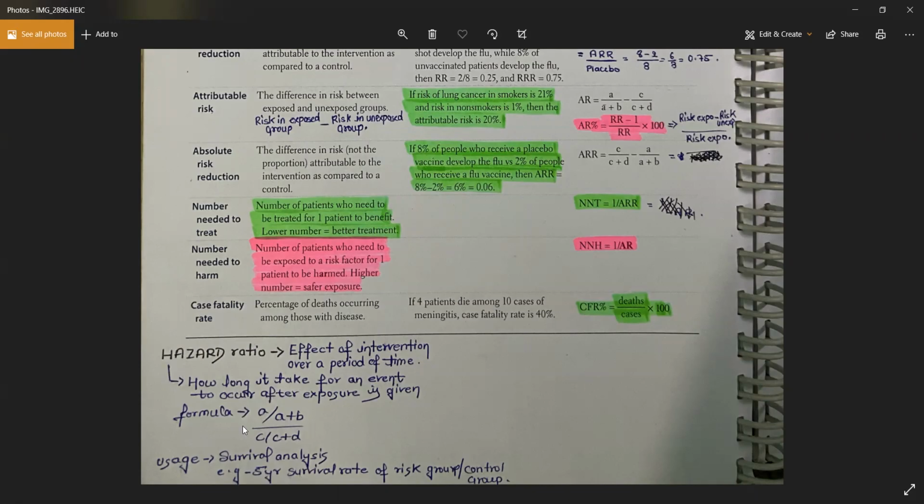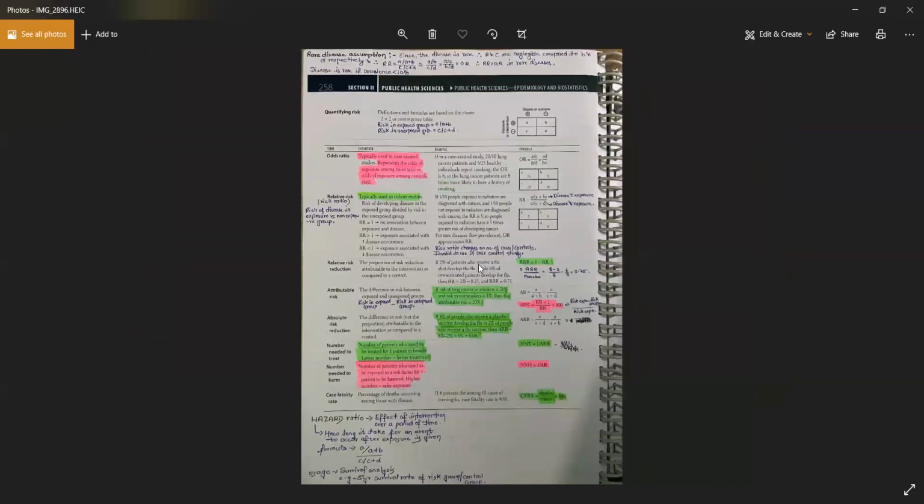So if they ask you to calculate the hazard ratio, you can easily calculate it. And if they ask how you will calculate the time taken to develop the disease, you will calculate it with the help of the hazard ratio. Do not get confused. Very easy thing. Okay, so any doubts so far on this page?